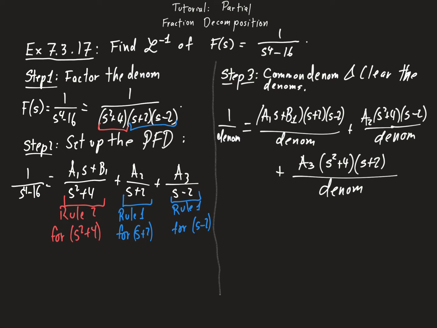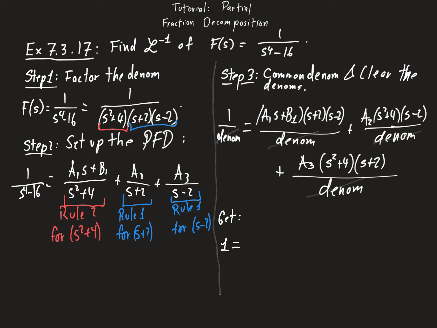And because all of these denominators are exactly the same, we can go ahead and clear them all out to leave us with a much simpler looking equation. Here's what we're going to get. On the left-hand side, just 1.